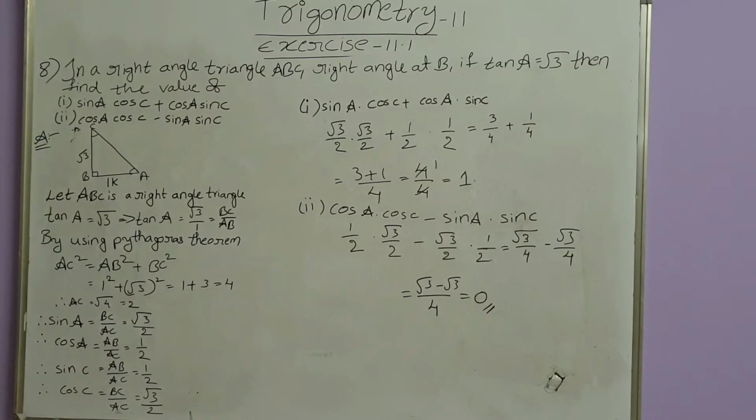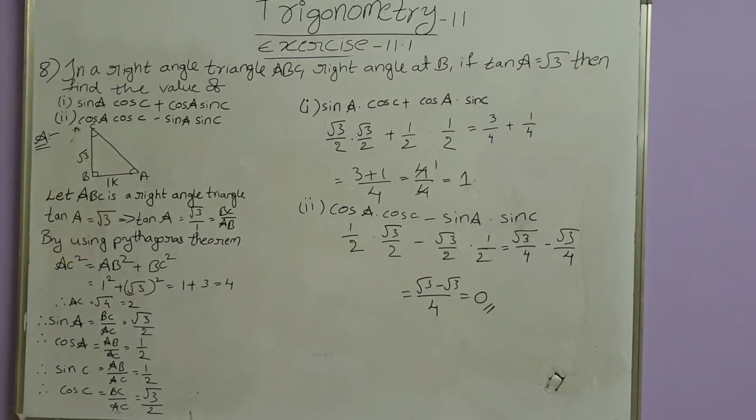Now in this first one, substitute values. Sin A cos C plus cos A into sin C. Sin A value is root 3 by 2 and cos C value is root 3 by 2, plus cos A value is 1 by 2 into sin C value is 1 by 2. Root 3 into root 3 becomes 3. Root A into root A is equal to only A. This is a formula.